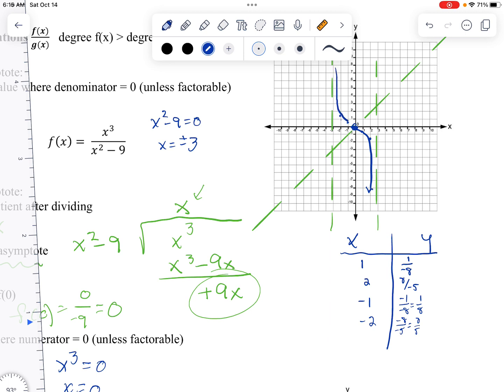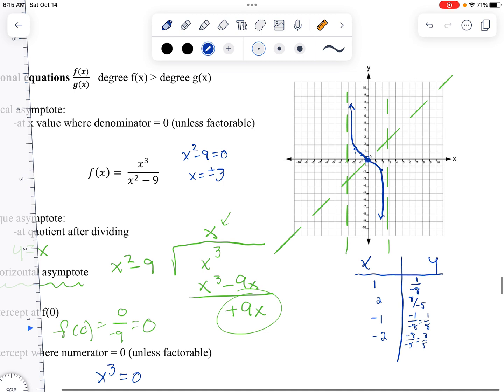And this is what the middle part looks like. Now again, they don't always look like that. Sometimes they might hit the origin and come back down the other side. Totally depends on your functions. So we're just going through some basic skills to see where they lie.